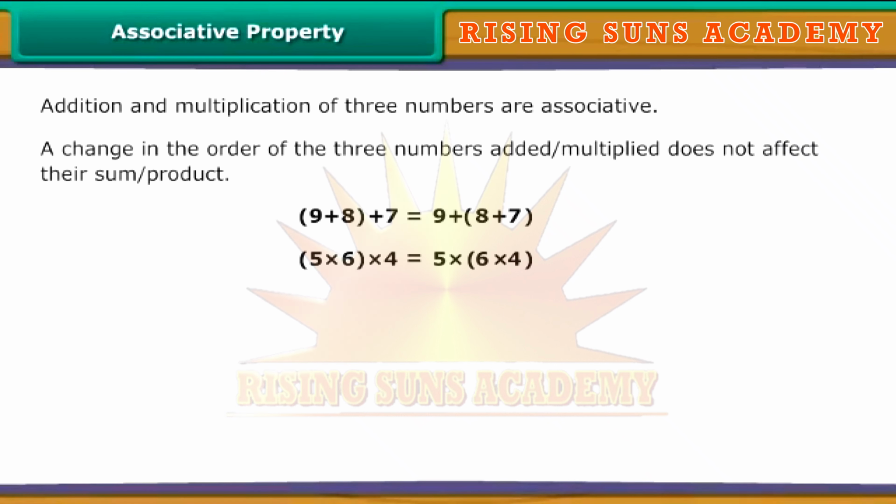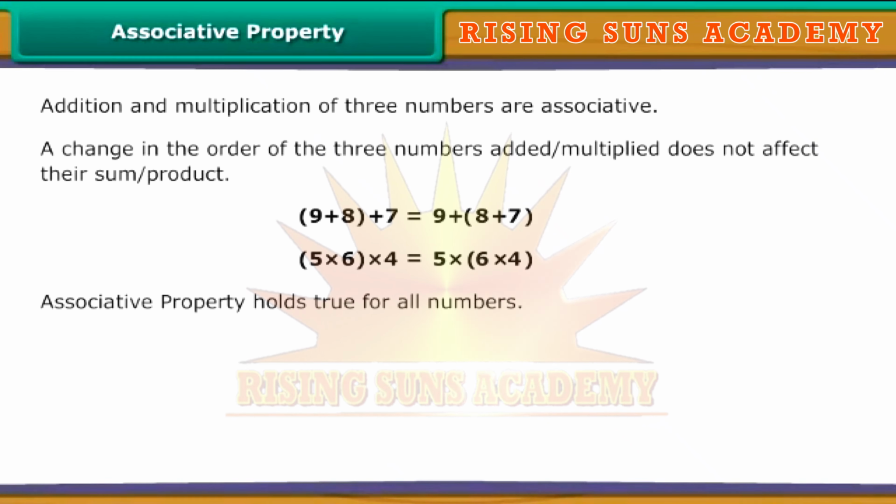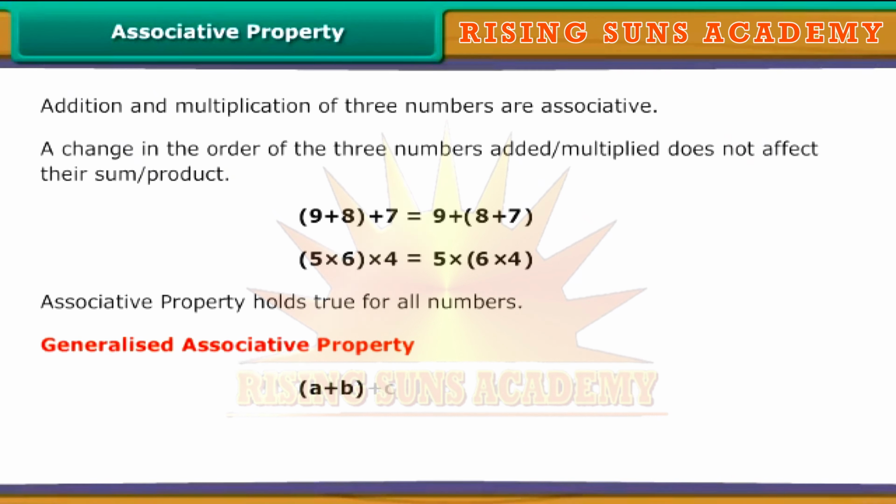Associative property holds true for all numbers. We can therefore generalize it with variables as (a plus b) plus c is equal to a plus (b plus c), and (a into b) into c is equal to a into (b into c).